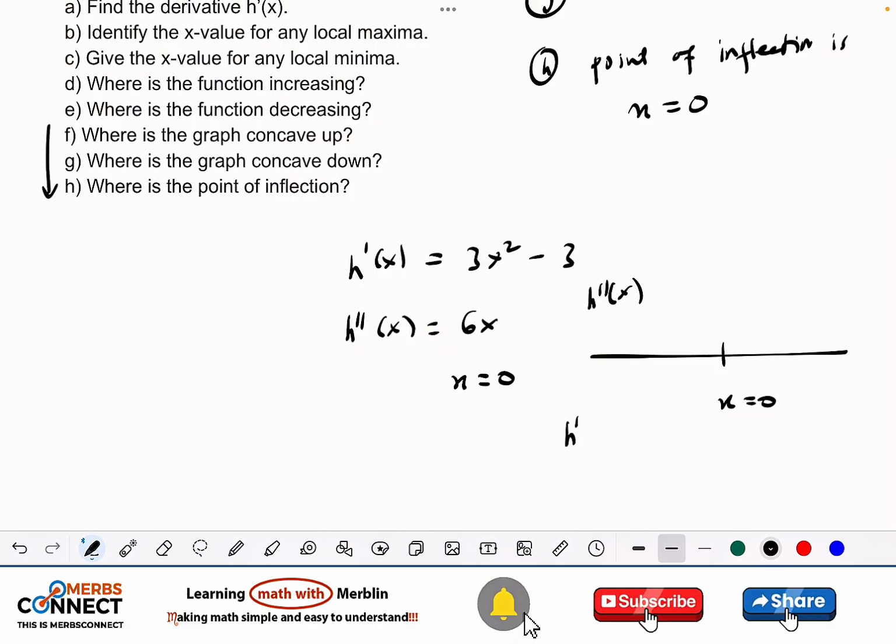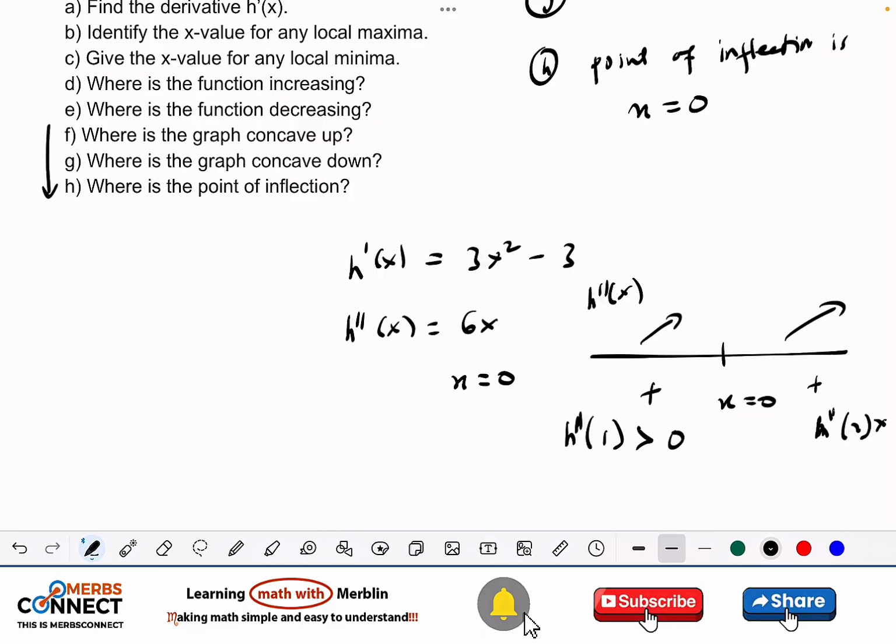So I need to pick any value before 0, which is 1, and pick any value after 0, which can be 2, and plug it in. So look at something here. When I plug 1 inside this is positive. So this is like kind of greater than 0. So this is positive and increasing. The same when I plug in 2, I'll have this one to be greater than 0, positive, and so increasing.